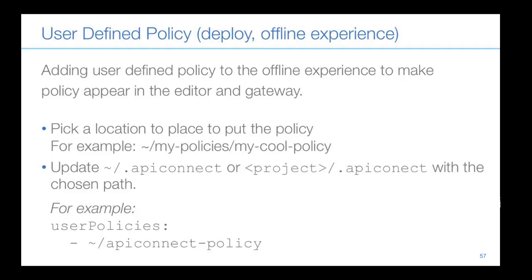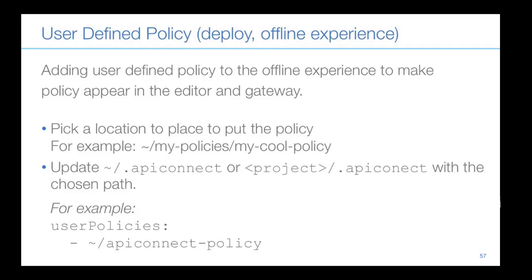Then you can go in and update either your .apiconnect file in your home directory, or, that's actually wrong, there's a .apiconnect directory with a config file in it. Tim, I need to edit this at some point. Or there's a project that you're running.